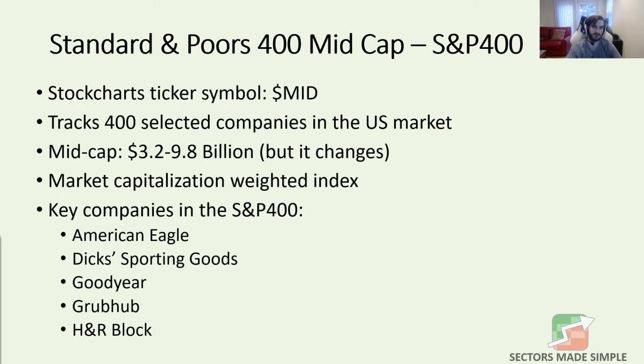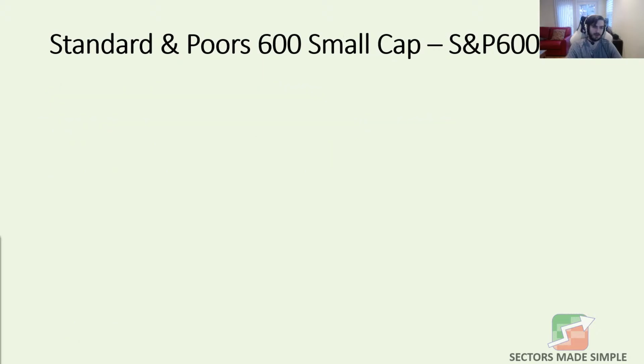All of these companies are mid-capitalization companies and are members of the current S&P 400 mid-cap index. Let's get a little bit smaller. Let's now look at the S&P 600, the Standard & Poor's 600 small cap index.